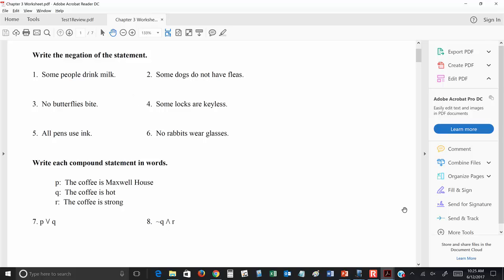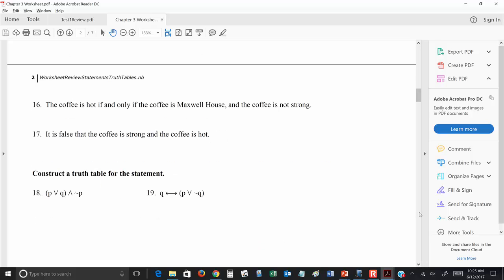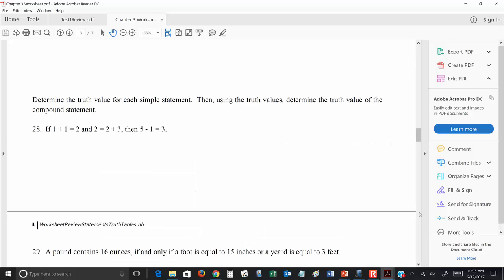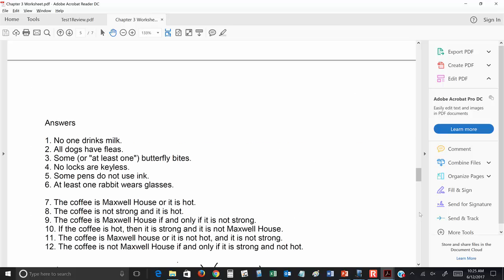And then you can check the answers. I think all the answers are all together at the last few pages.